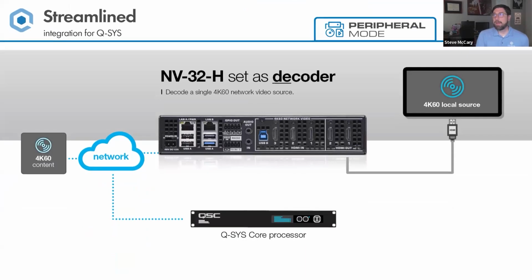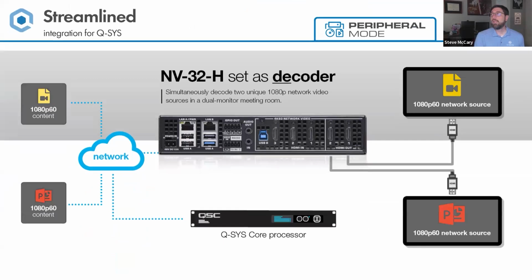So let's talk a little bit about when we are in decoder mode. We can decode a single 4K 60 video source, or we can decode two different 1080p network sources.